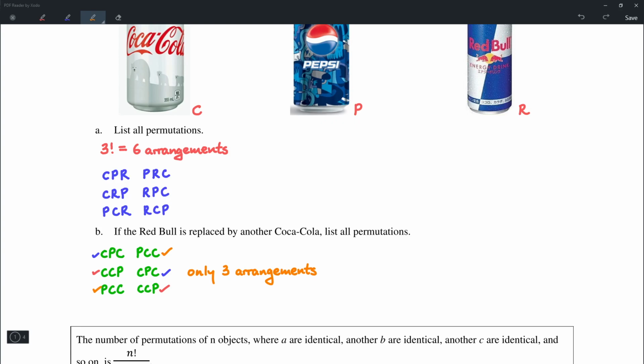And the reason for that is because even though we still have 3 cans, so the 3 factorial still applies, since 2 of the cans are the same, we need to divide by 2 factorial to indicate that those permutations would have been counted twice.